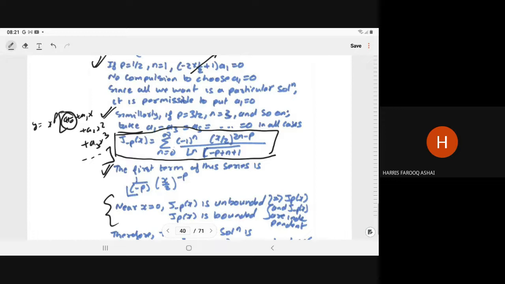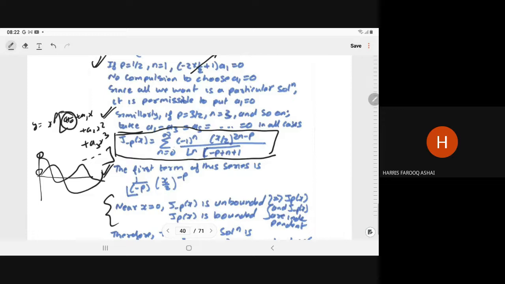So since the first term is unbounded for J minus p, and the first term for J p is bounded, if this is the graph of J p and this is the graph of J minus p, you can see that both are independent series.